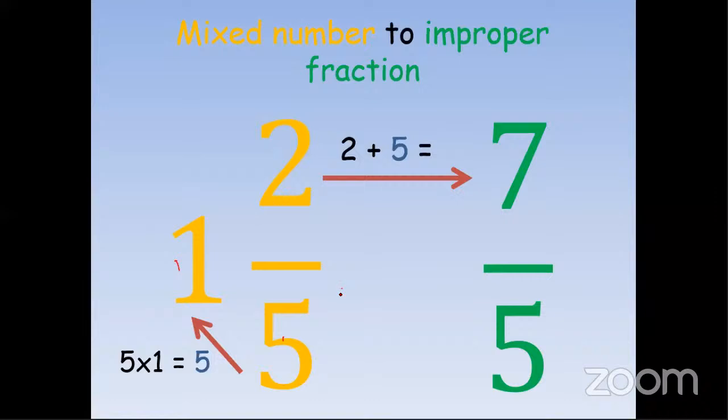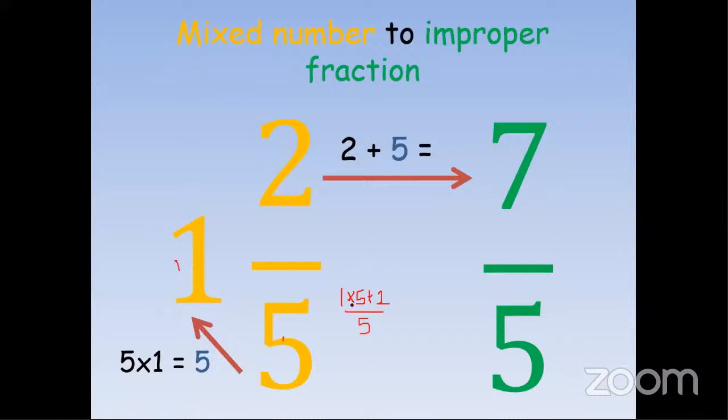Okay, the whole number multiplied by the denominator, which is 5, plus the numerator, divided by the denominator. I think it's the same thing we are doing here.